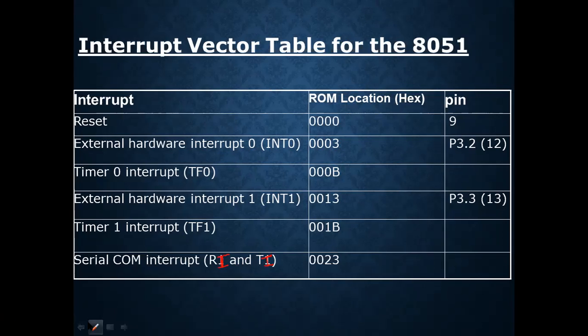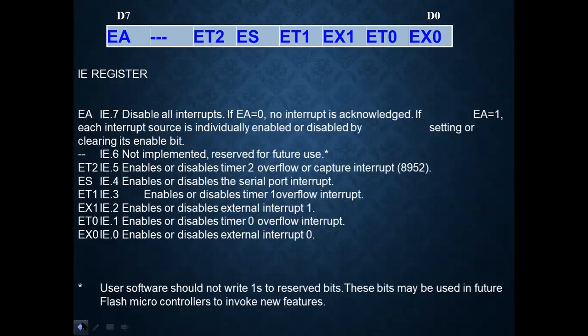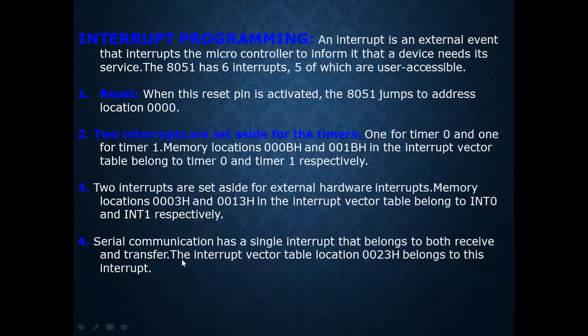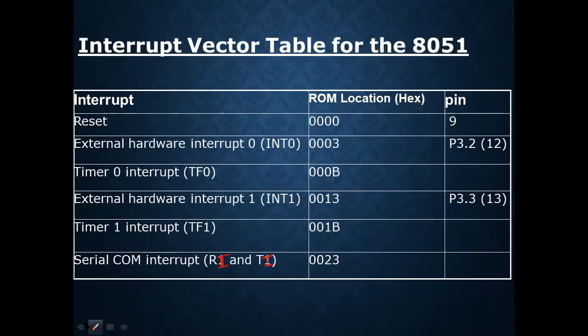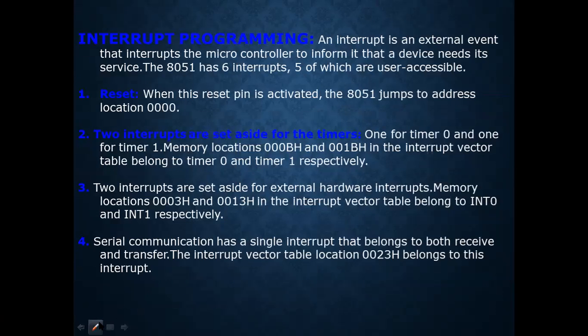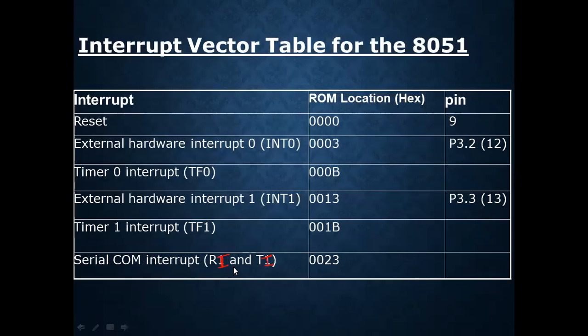As we discussed in the previous slide, serial communication has a single interrupt that belongs to both receive and transmit. For receive and transmit interrupt, the interrupt service routine will be from 0023H. Okay.